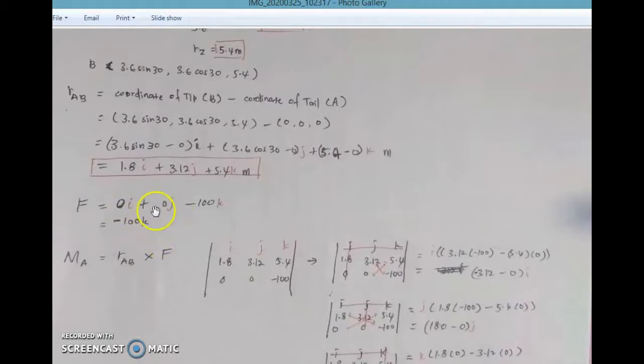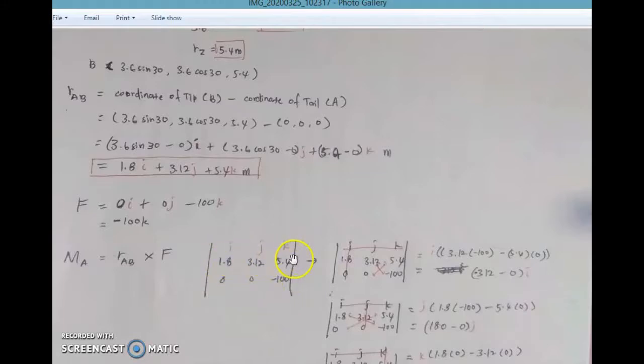So after you get the two vectors RAB and F, if you want to find the moment, you can do the cross product between R and F. To perform the cross product, you need to do the operation that I just explained using the matrix.